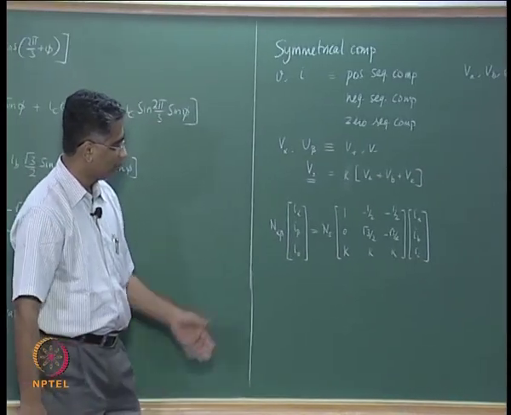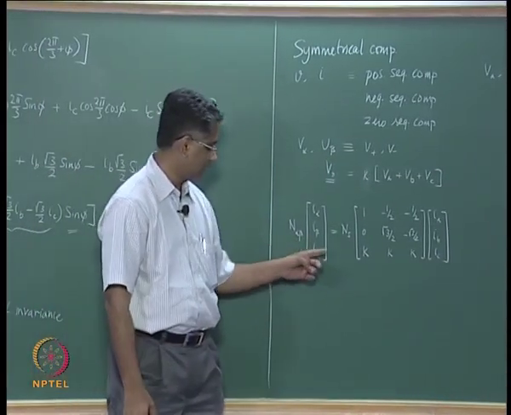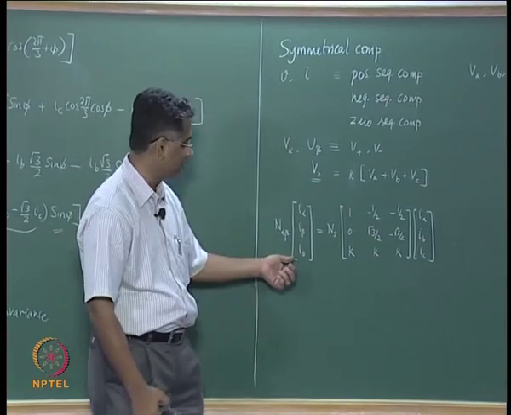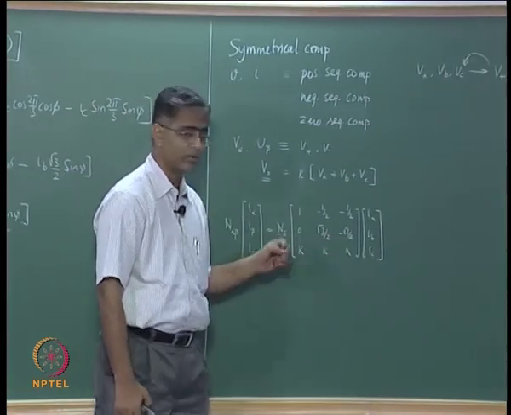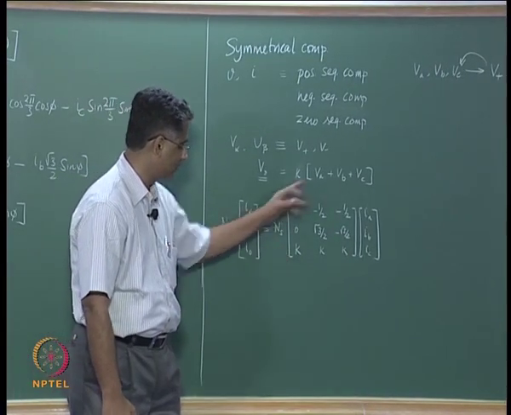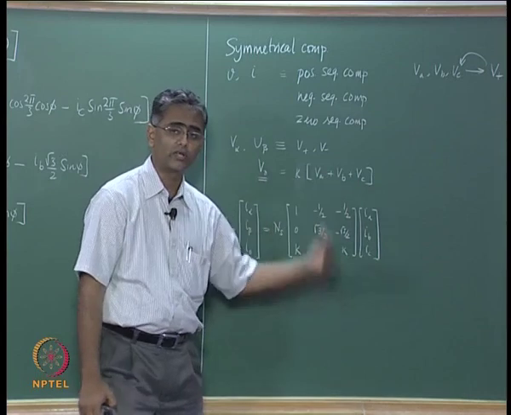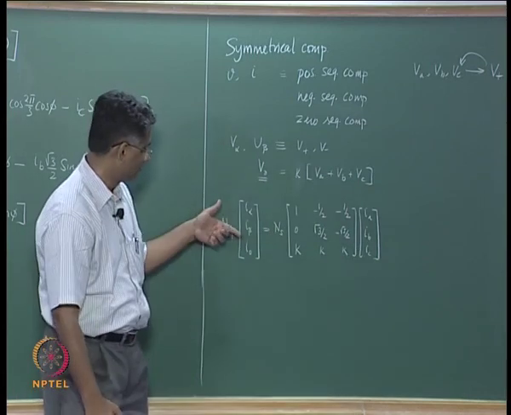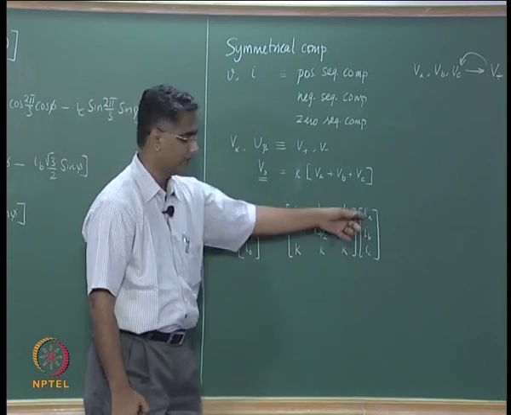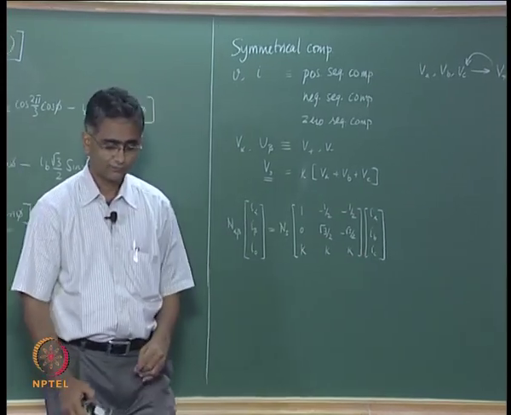So, with a representation of I naught added, this becomes square, and therefore one can invert this. If you have I alpha, I beta, I naught, you can multiply by the inverse and get IA, IB, IC.